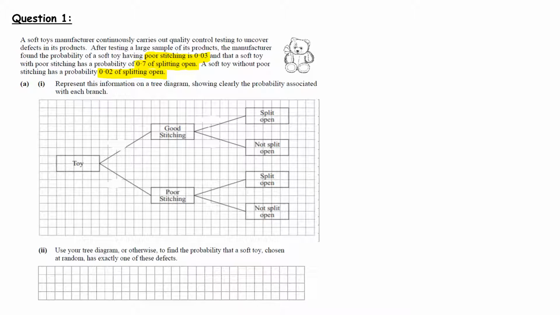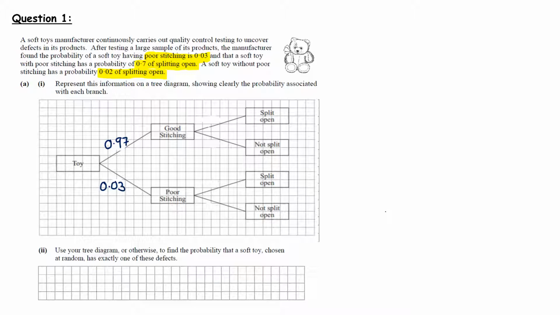So the first thing they said is that the probability of a soft toy having poor stitching is 0.03. So that's going to come down here where we have the poor stitching branch. Now, what we know about a tree diagram is any branches that come from the same point should all add up to 1, which means that here we have 0.97. So now I have the 2 branches there that add to 1.